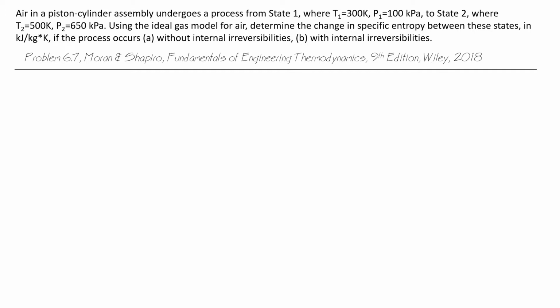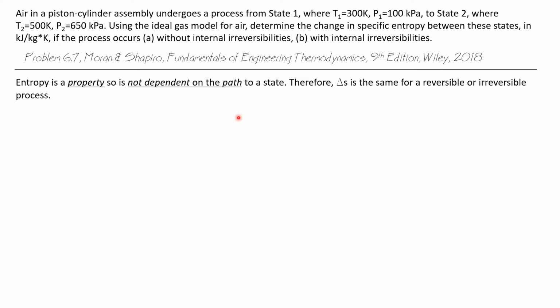Using the ideal gas model for air, determine the change in specific entropy between these states in kilojoules per kilogram K, if the process occurs A, without internal irreversibilities, or B, with internal irreversibilities.